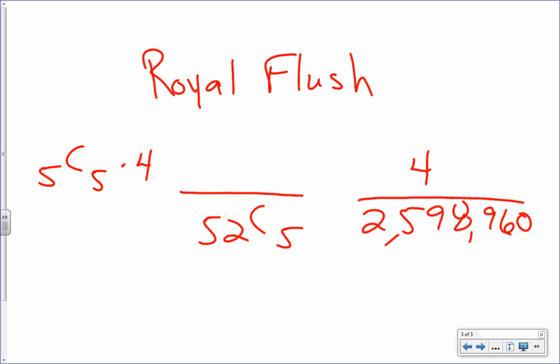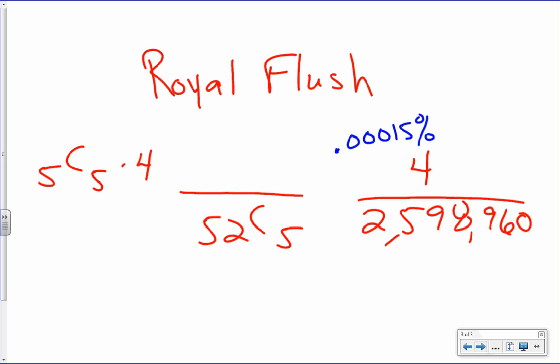Okay, so you could look at it that way. So right there, 4 out of 2,598,960 is the probability of getting a royal flush dealt to you. So not very good. Yeah, so what is the percent on that? Now that's the percent. So there are 2 more dots. Nice. So there's their percent chance.